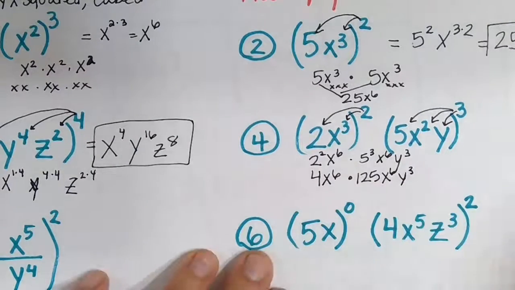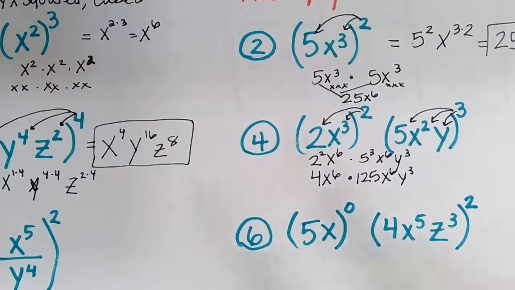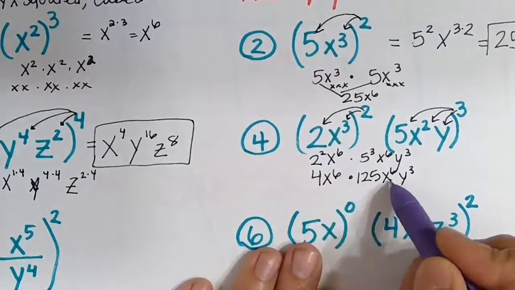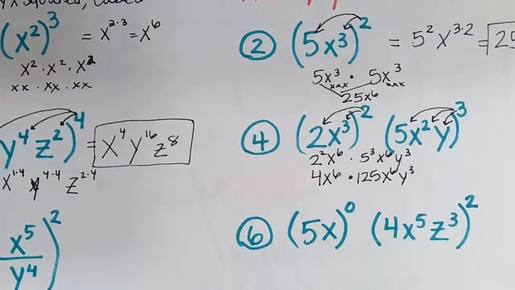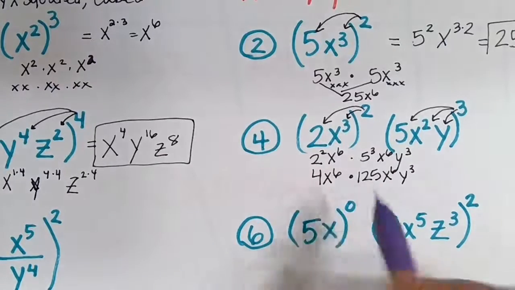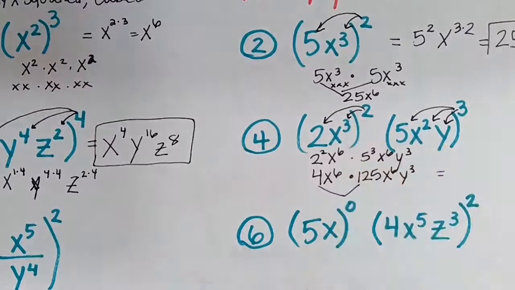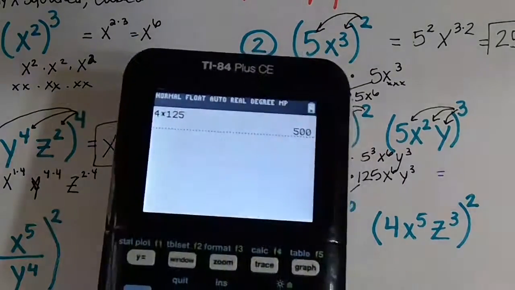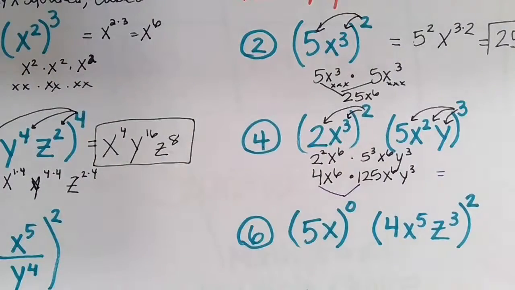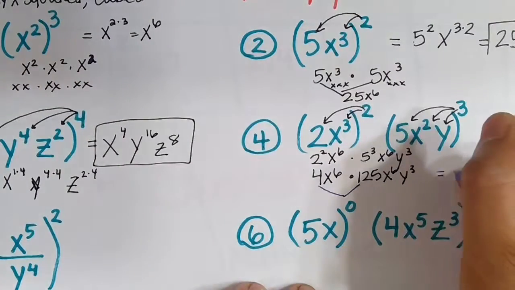You are not allowed to leave your answer this way. If you have numbers you need to combine them. If you have the same base, x and x, you need to combine those. So I'm going to multiply these two. 4 times 125. What's 4 times 125? 500. So 4 times 125 is 500.